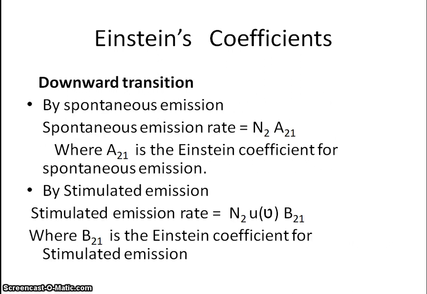By spontaneous emission, the equation is N2 A21, where A21 is the Einstein coefficient for spontaneous emission. They don't require external energy, so U nu is not present in that equation. By stimulated emission, the rate is equal to N2 U nu B21, where B21 is the Einstein coefficient for stimulated emission.